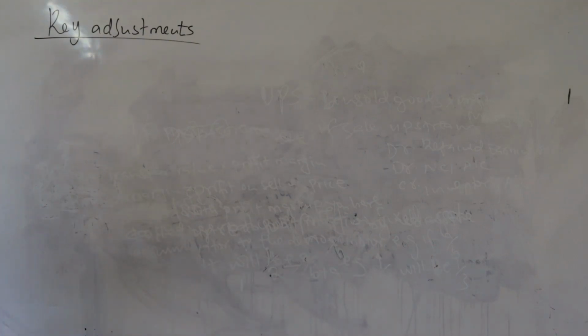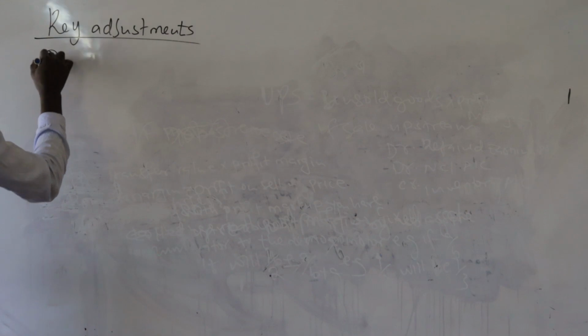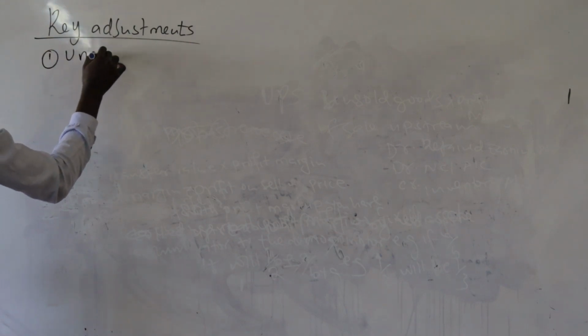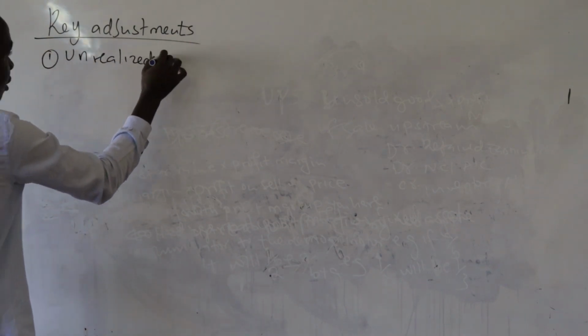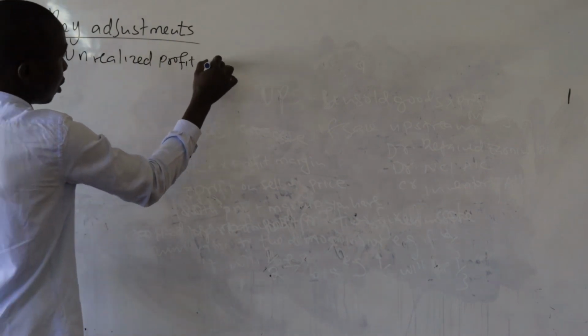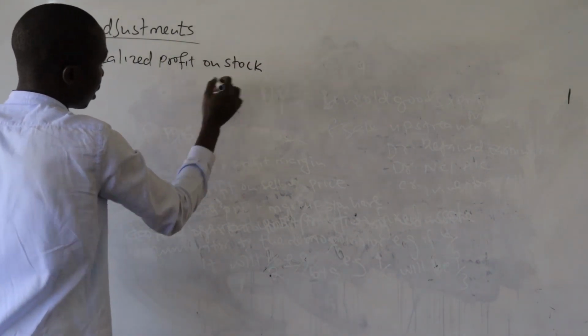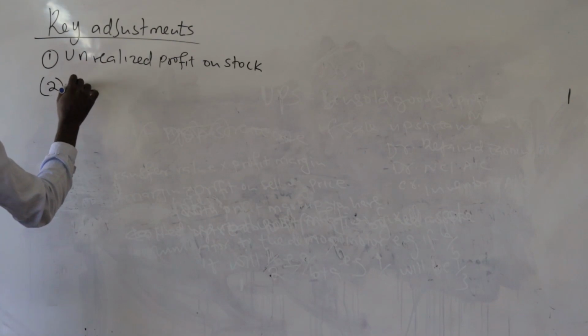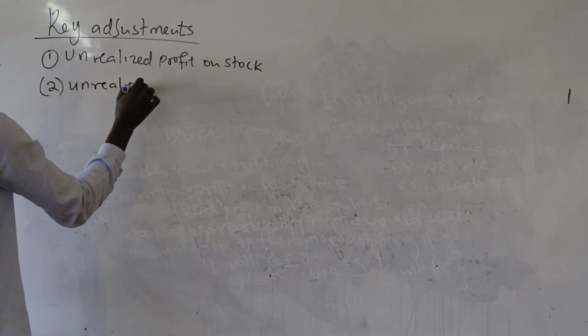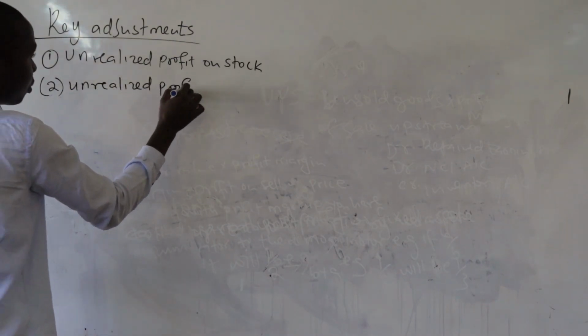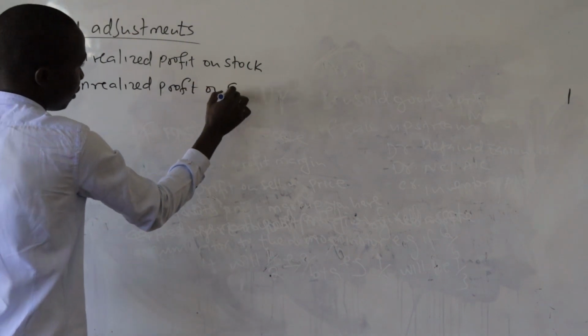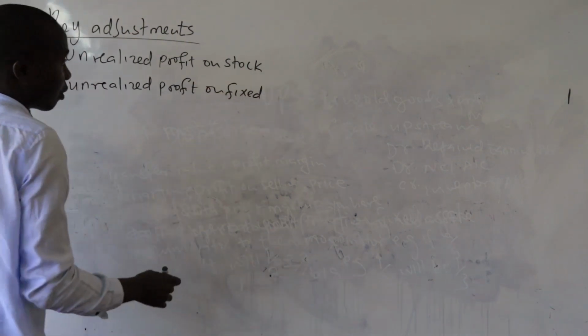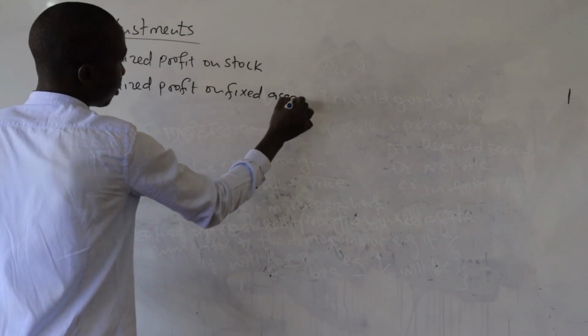The key adjustments which are made in consolidation include, number one, the unrealized profit on stock. Number two, the unrealized profit on fixed assets.